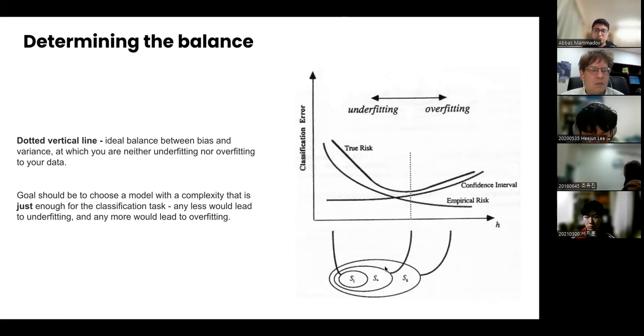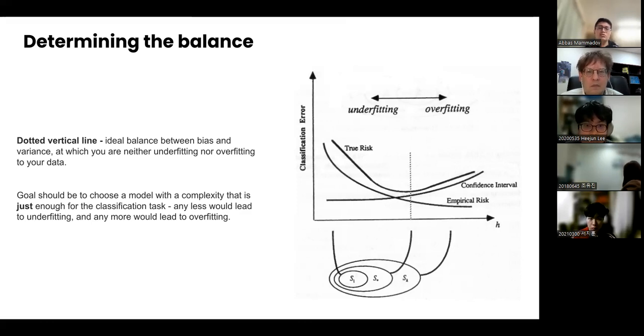Let's say S1, S2, and SK are different models with different complexities, and they have different curves. The VC dimension helps us find this dotted line, which is the ideal balance between bias and variance, in other words, underfitting and overfitting.